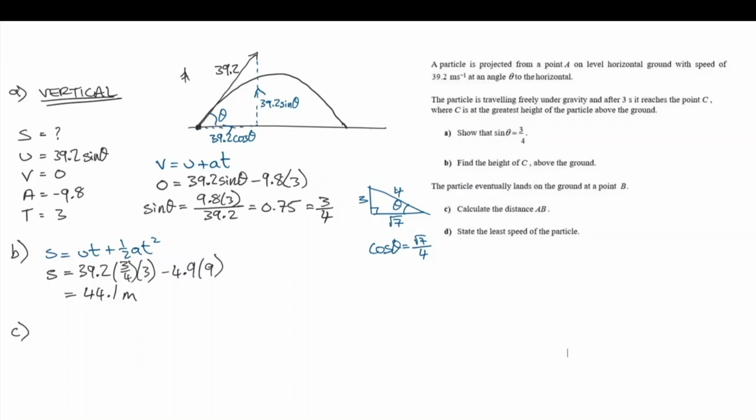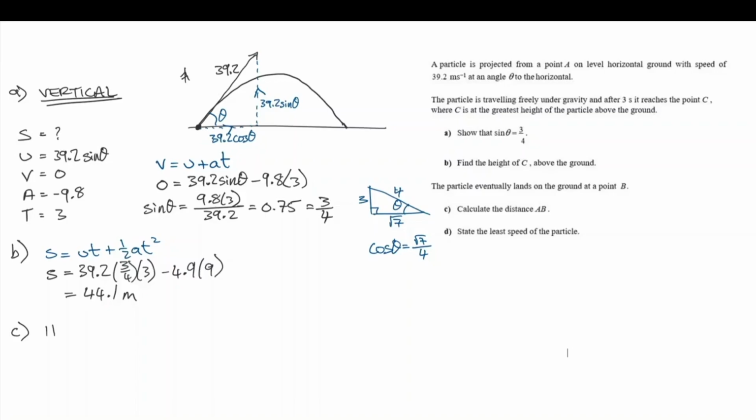In part C of the question, we're asked to calculate the distance AB. Well, B is the point where it hits the ground again, so we're looking for the range of this flight path, the range of this projectile. A was the point where it was projected from, and B was the point where it hits the ground. So we're going to be working horizontally.